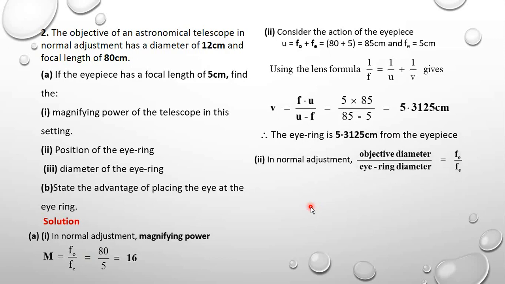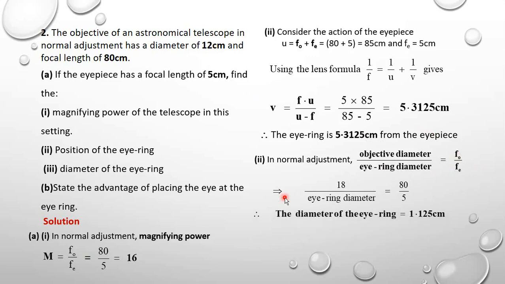Diameter of the objective has been given as 12 centimeters, and then F naught, we have it 80, Fe is 5, so we can get the diameter of the eye ring, and that is going to give us 1.125 centimeters. That will be the diameter of the eye ring.